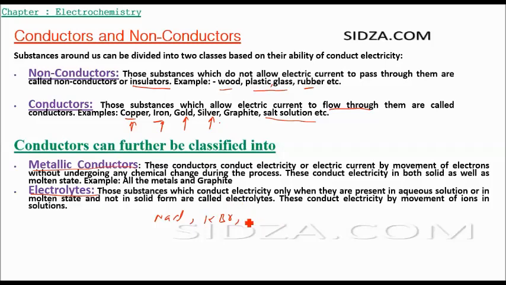So basically the substances decompose into their constituent particles. So that means the electrolytes are the substances which allow the current to pass through them in aqueous or in the molten state only, and not in the solid state.